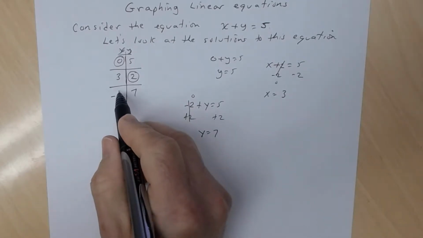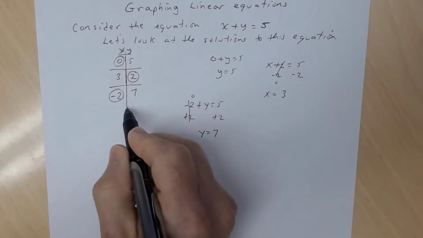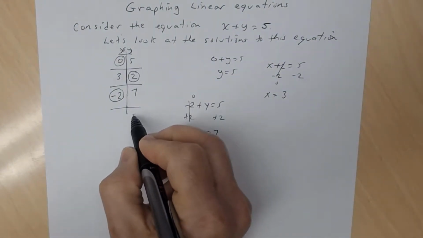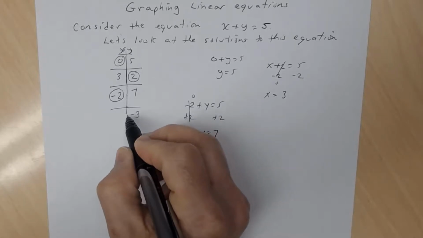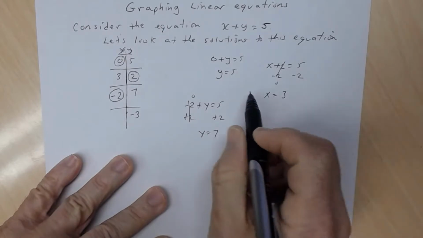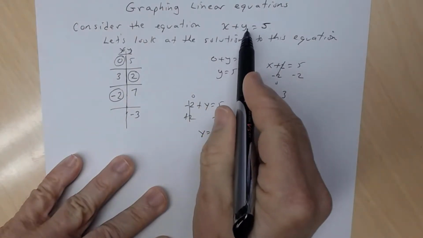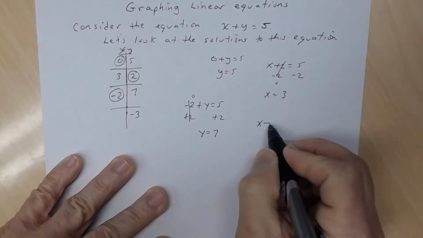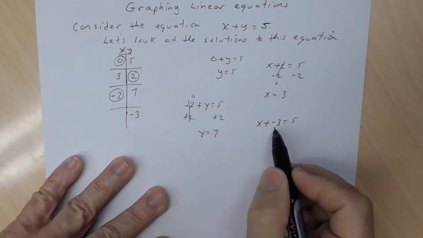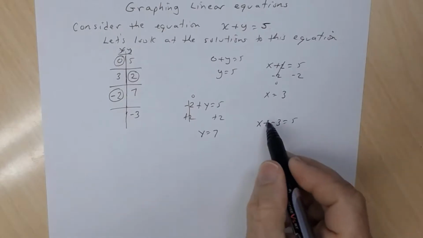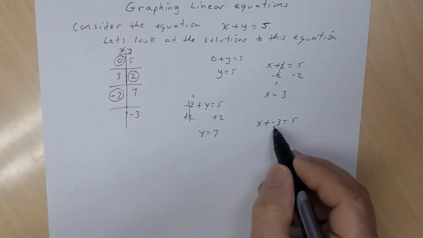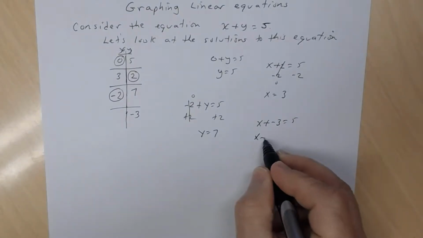So this time, let's choose a value for y. Let's say y is negative 3. Let's see what happens. If y is negative 3, I get x plus a negative 3 equals 5. Keep in mind that x plus a negative 3 means the same thing as x minus 3.